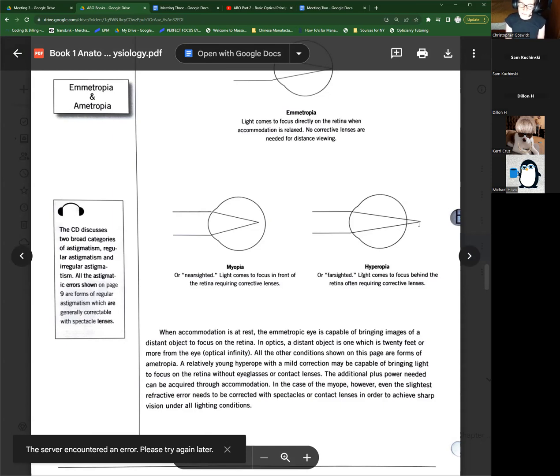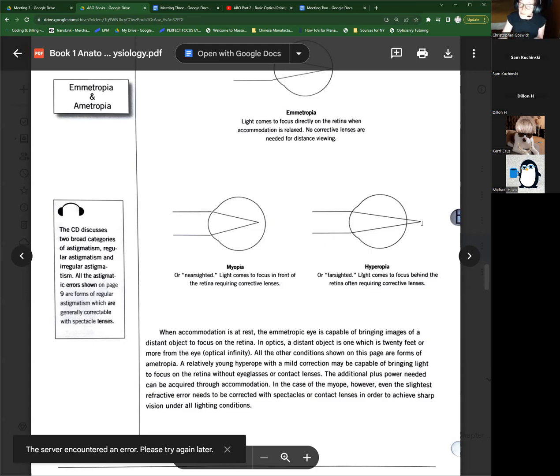What they've been doing is, because they have this condition where the point of light naturally would go behind the eye, they can squeeze that lens, and even though we associate squeezing that lens with seeing up close, they can do it 24/7, all the time.